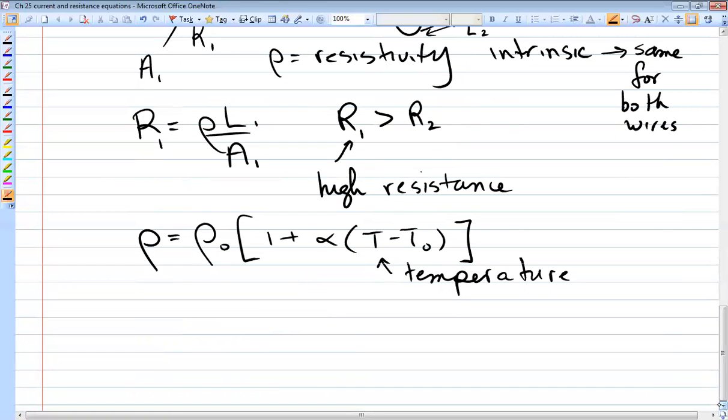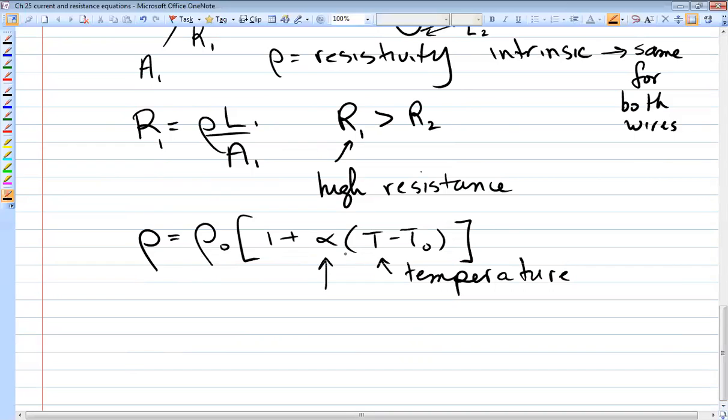The reason for that is that the higher the temperature, the more thermal motion of the atoms in the material, including the electrons. And so there's just way more collisions and way more obstacles for the electrons to try to make their way through the conductor and generate a current. So the higher the temperature, the higher the resistivity.